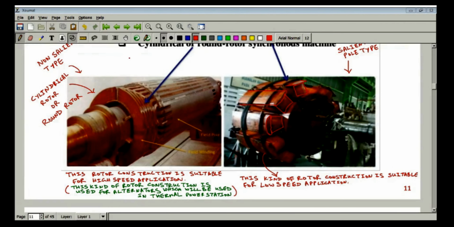So we can write the same phrase: this kind of rotor construction is used for alternators in hydropower stations.